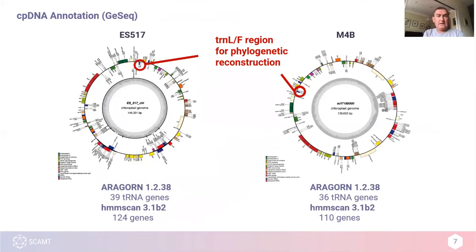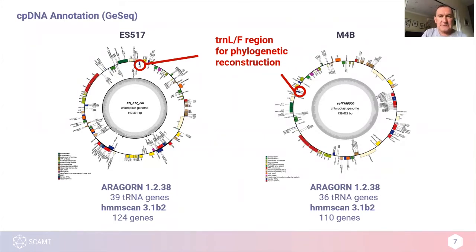So next one, please. For our research and for phylogenetic analysis, we also use plastids, and here you see the chloroplast, one type of plastid, for genome assembly and genome annotation for further phylogenetic analysis.